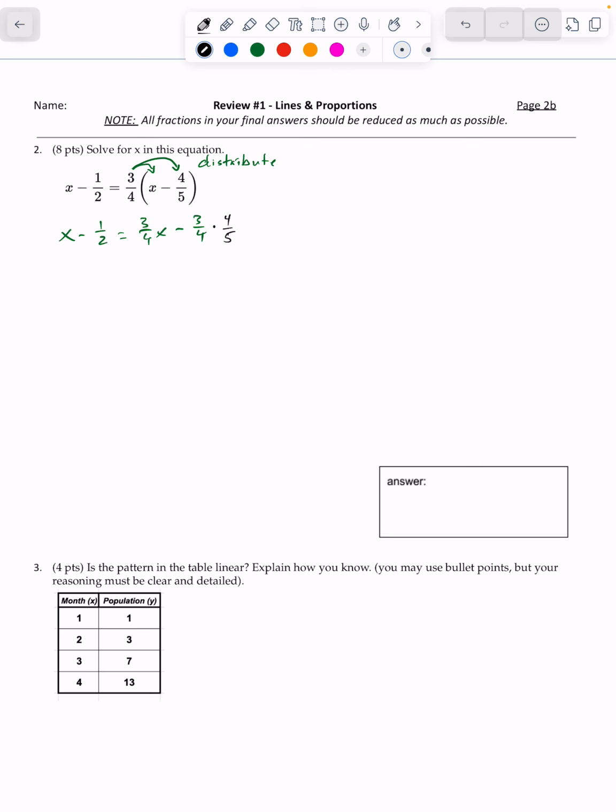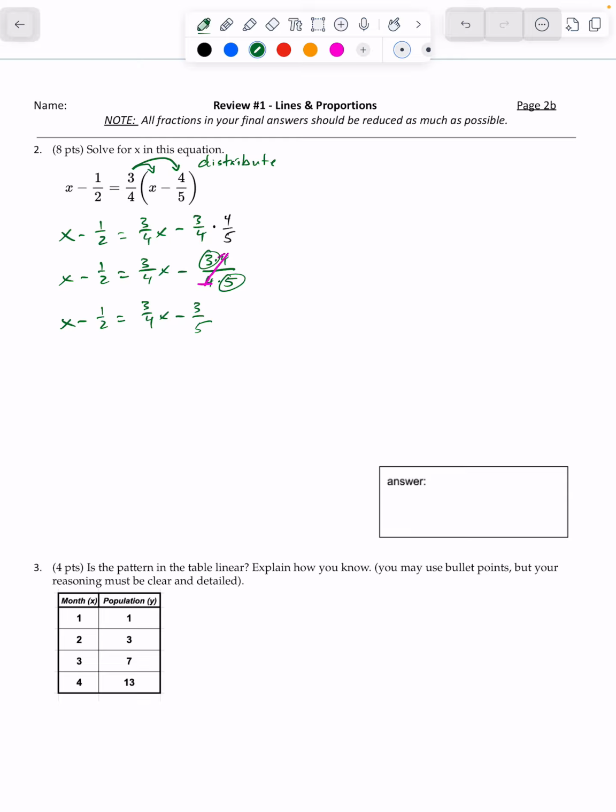Well, we just multiply those fractions straight across, so I'll have x minus 1/2 equals 3/4 x minus 3 times 4 over 4 times 5. But I notice when I have it looking like that, those divide out. That's just a fancy form of 1. So what I really have left is x minus 1/2 equals 3/4 x minus 3/5.